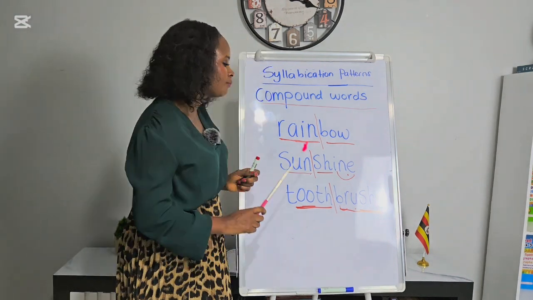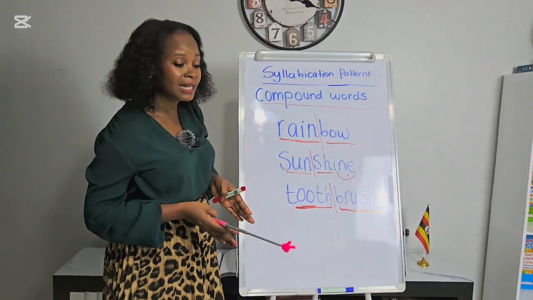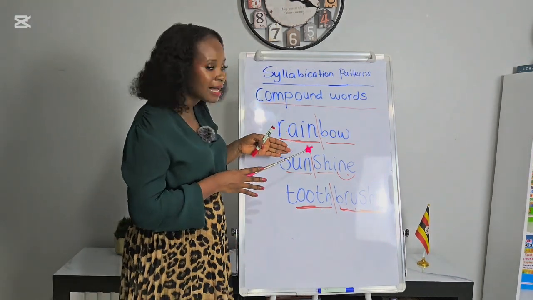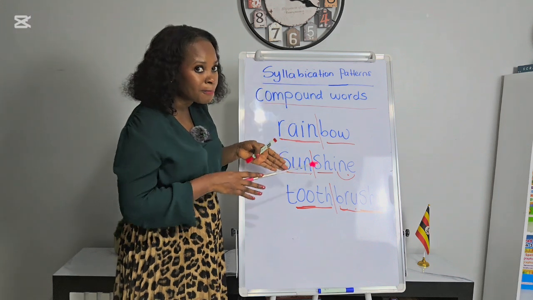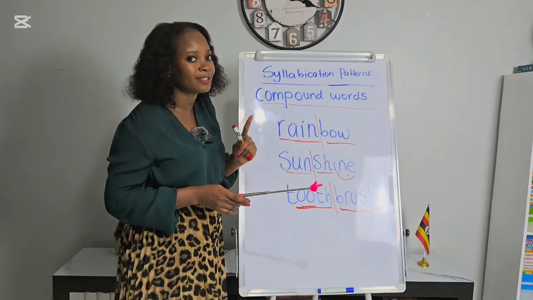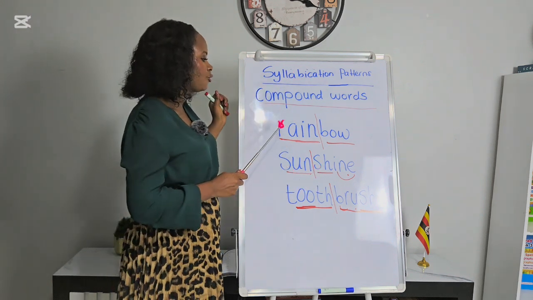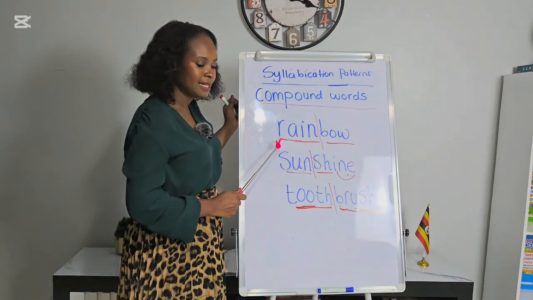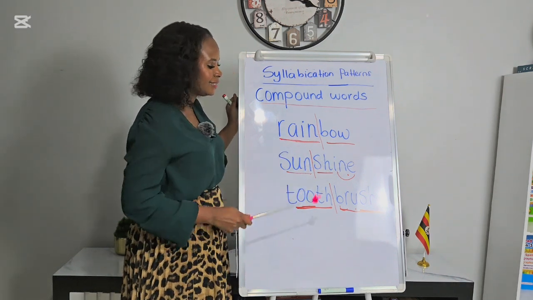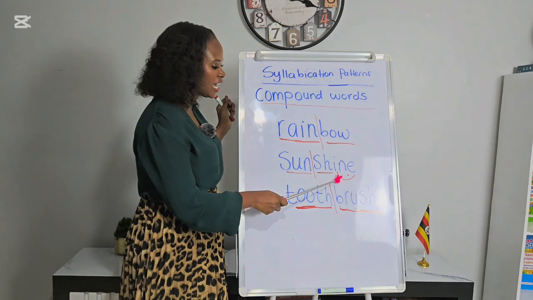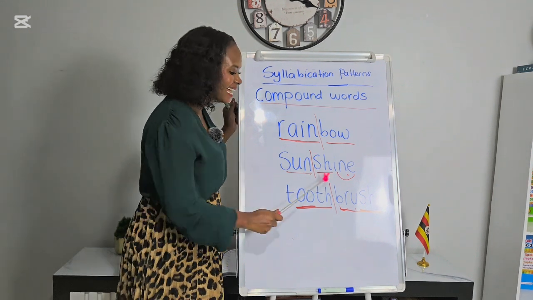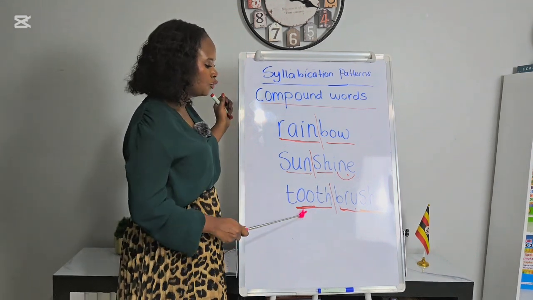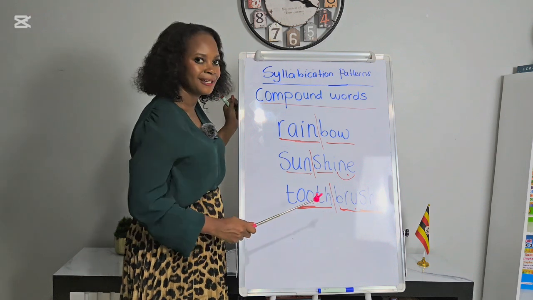You can choose to spot a small word that is familiar, or you can blend sound by sound and split from a point where you form your first word. Let's try. Rainbow, blend, sunshine, blend, toothbrush, blend.